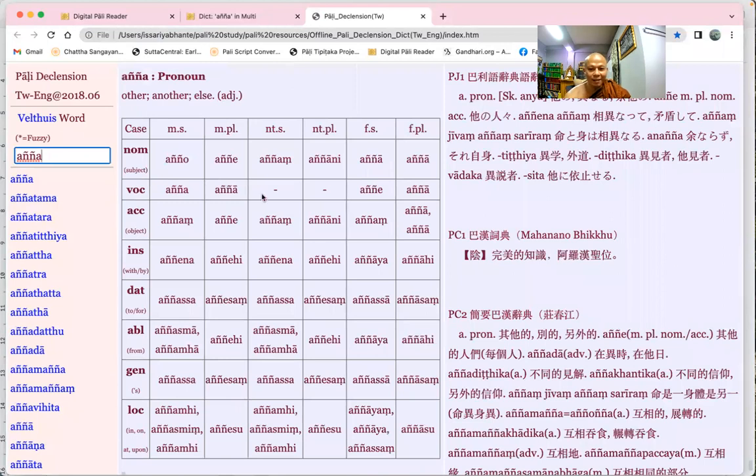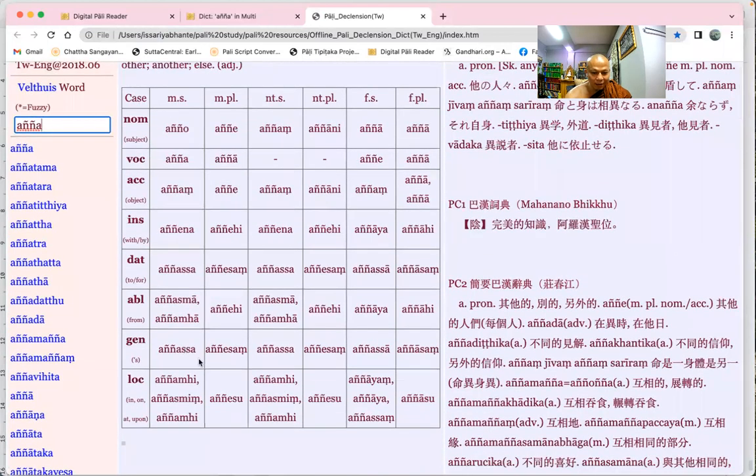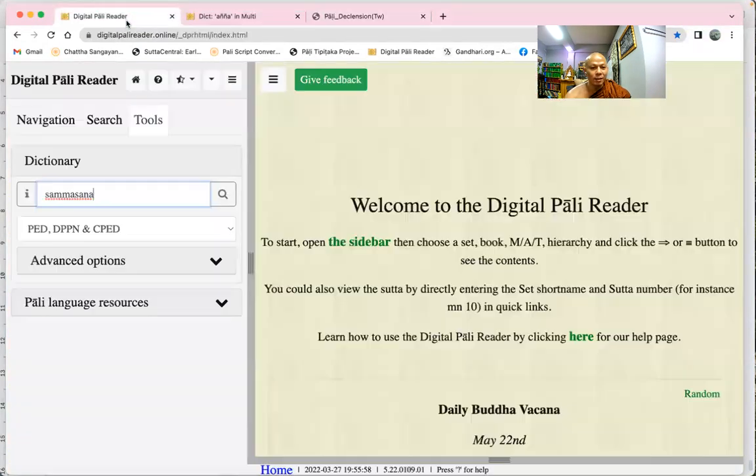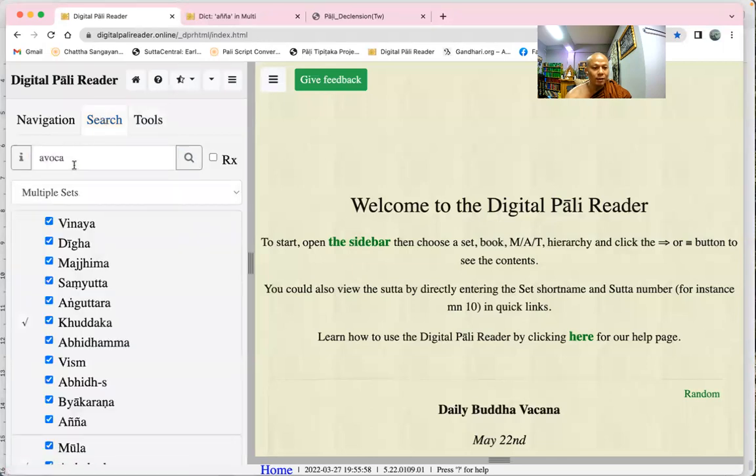We don't have the inyasa form here, so we can see that in the Tipitaka itself it can be found.